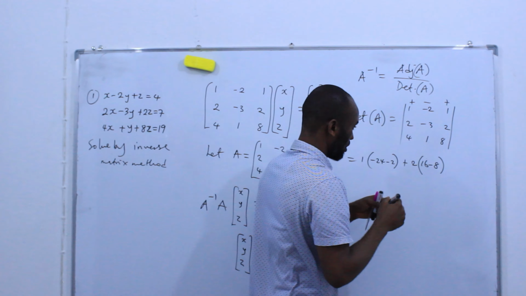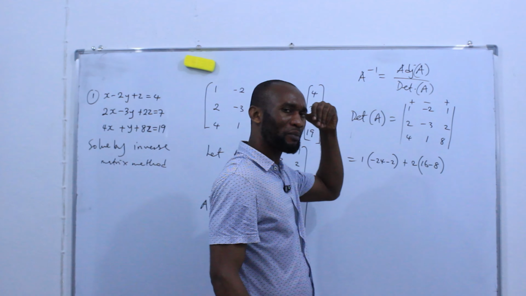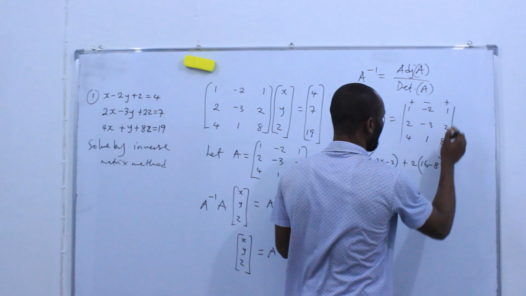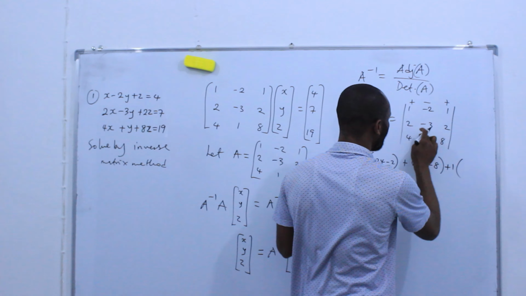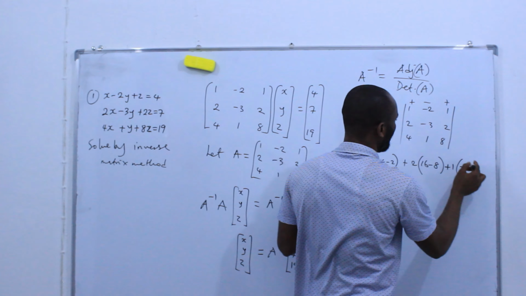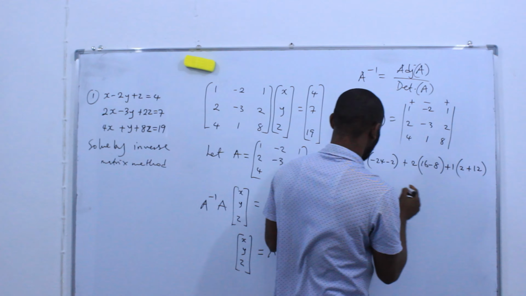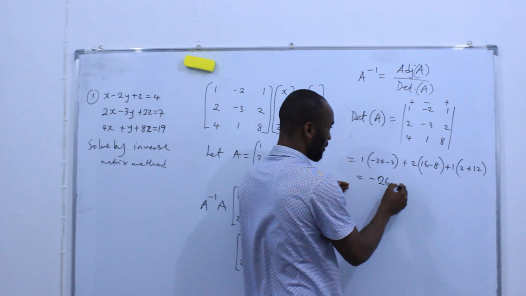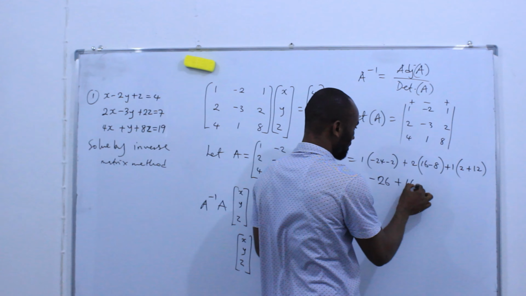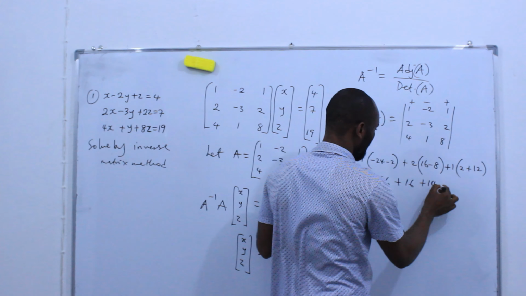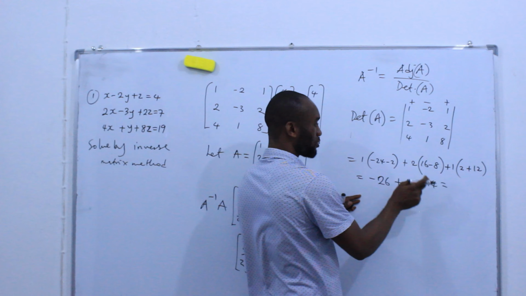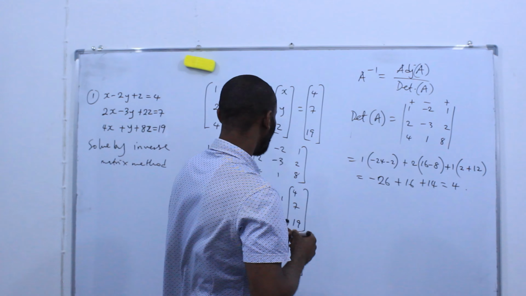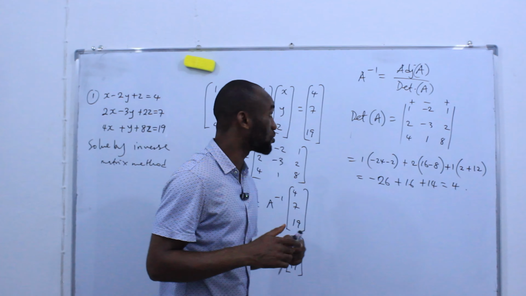Remember how we did our determinants in our previous work? That's what we're doing right now. And the last one is plus 1 in bracket 2 plus 12. If we evaluate, we have minus 26 plus 16 plus 14, which is minus 26 plus 30, and that is 4.